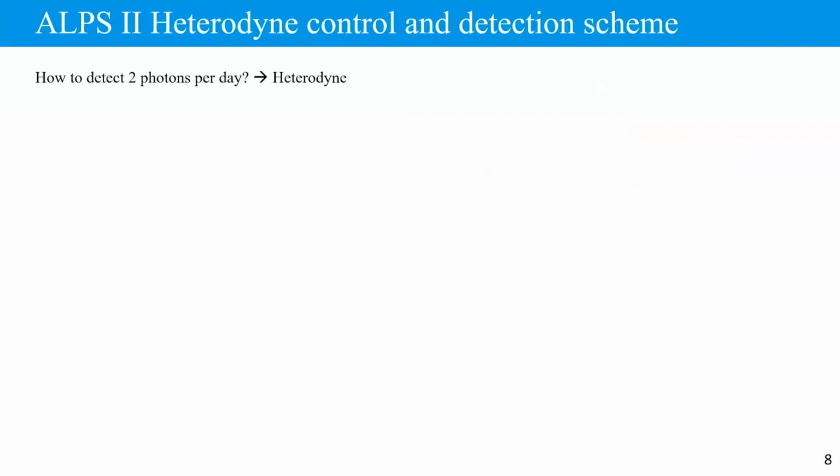Now let's have a look at how we can detect such a low photon rate. As I said, we have only 2 photons per day, and it's not that straightforward to detect such a low photon rate. One way to do that is to use a so-called heterodyne detection scheme. What does it mean?